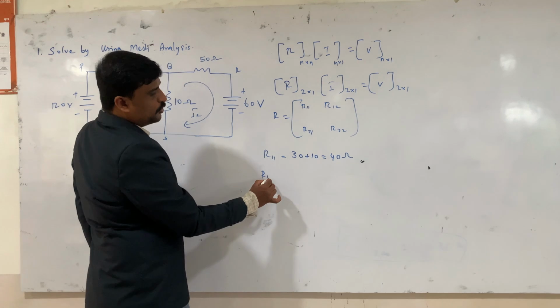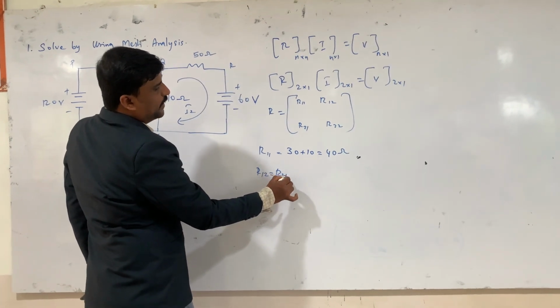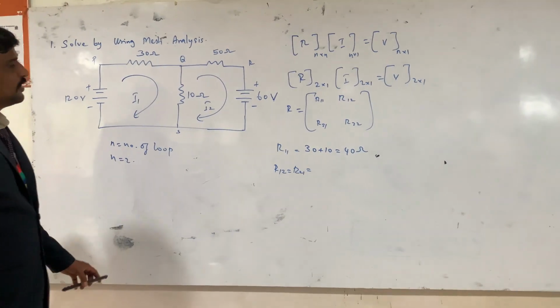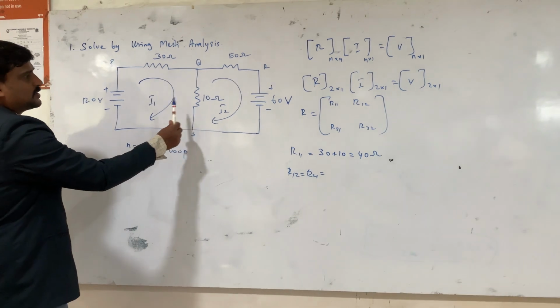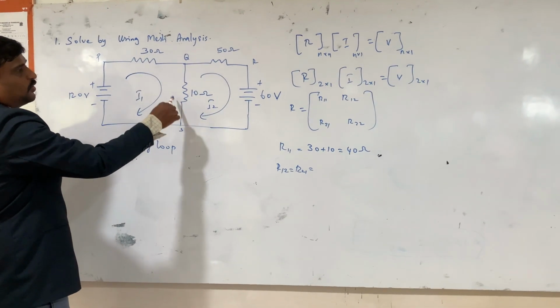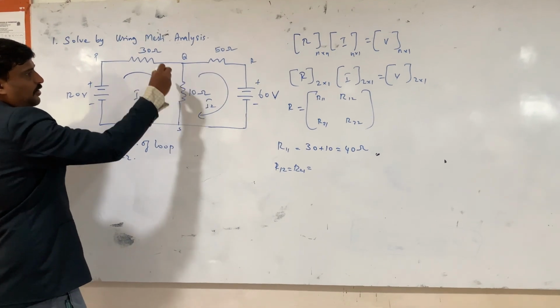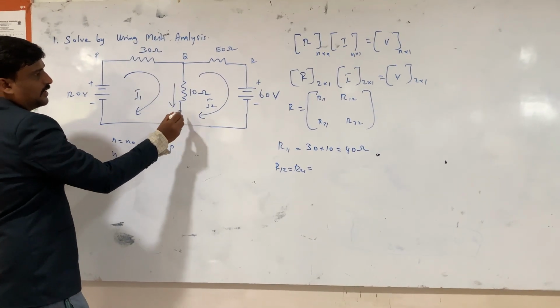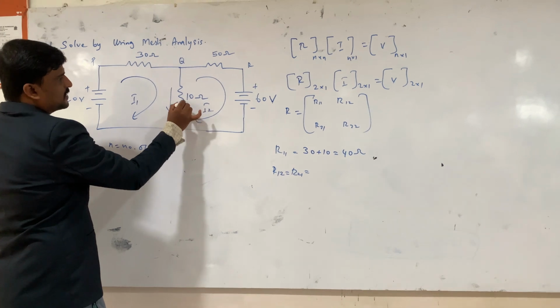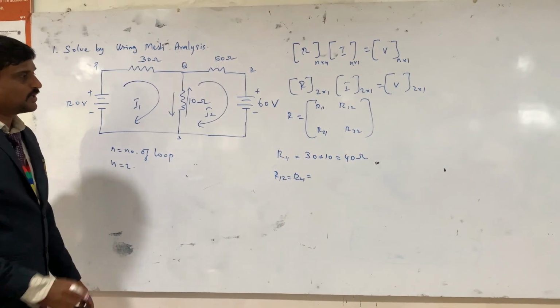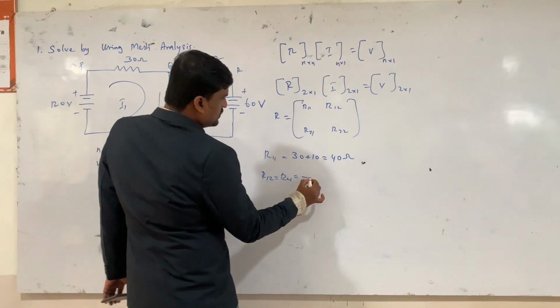Next, R12 will be equal to R21, which is equal to the common resistor for both the loops. Here this 10 ohm is the common resistance for both loops, and the current flows in clockwise direction in one loop and in clockwise direction in the other, but in opposite directions in the shared branch. So here it is minus 10.